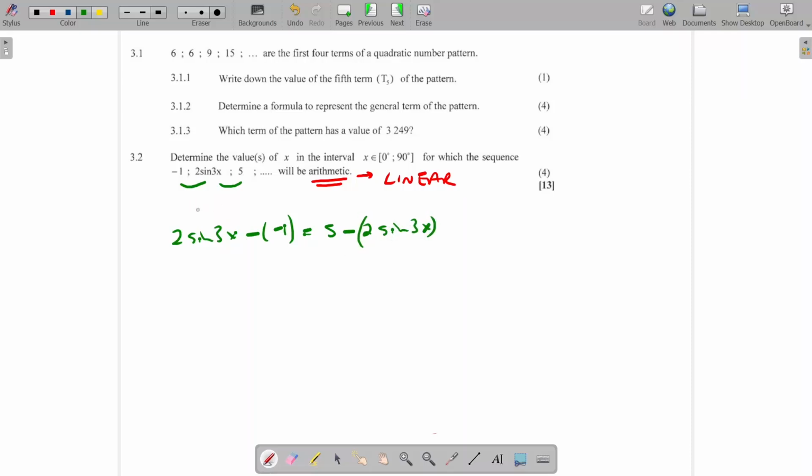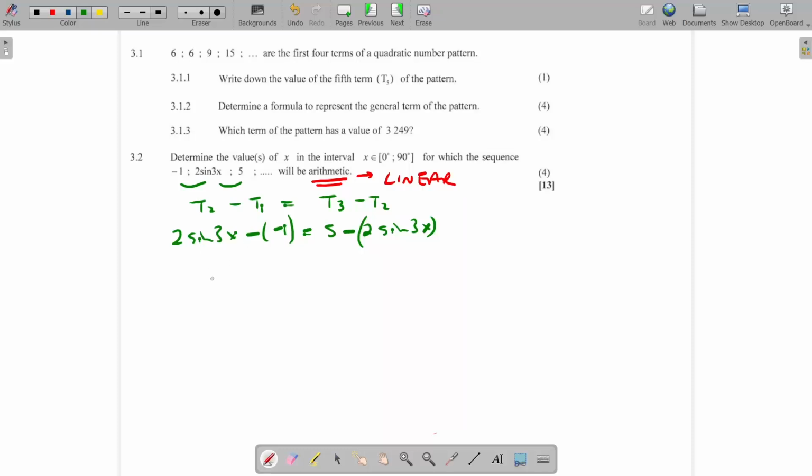Because we're saying here that T2 minus T1 equals the same as T3 minus T2. Now, we build on that a little bit more with arithmetic sequences, but what we're saying here is that the difference between the two terms is a constant.